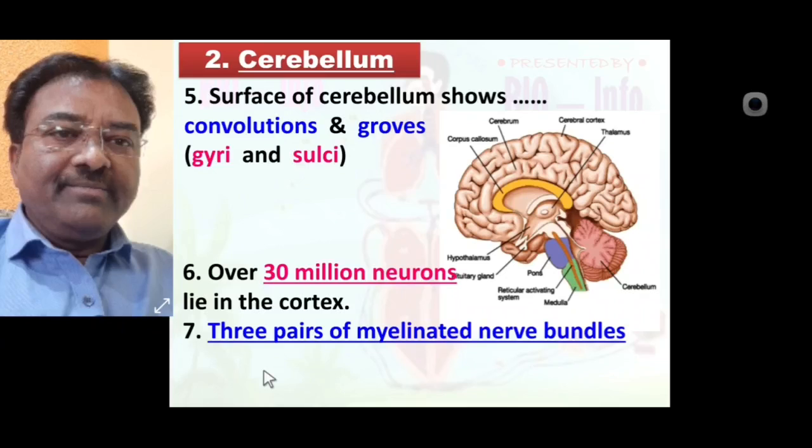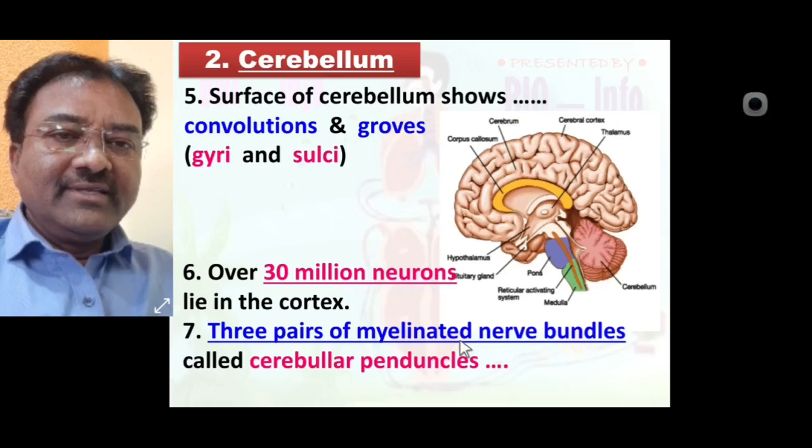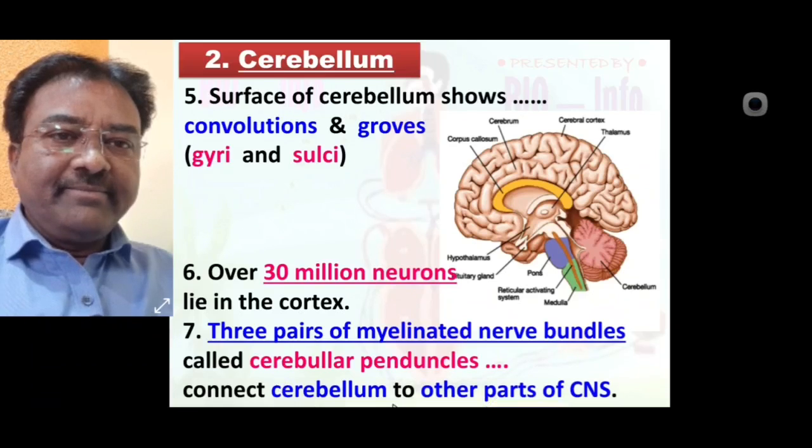Three pairs of myelinated nerve bundles called cerebellar peduncles connect cerebellum to other parts of the CNS.